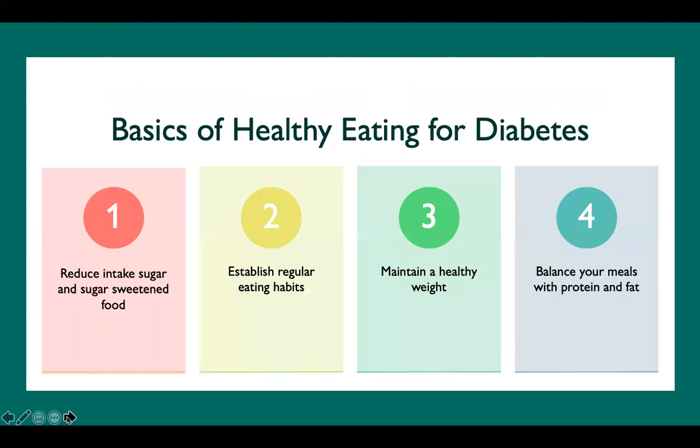So what are some quick and easy ways that you can start eating healthy for diabetes? The first is reduce your sugar and sugar sweetened food intake. What that would look like is instead of drinking regular Coke, you would have Diet Coke. Instead of eating regular cookies, you could have sugar-free cookies, or instead of eating a whole pack of cookies, you could have half of a pack.